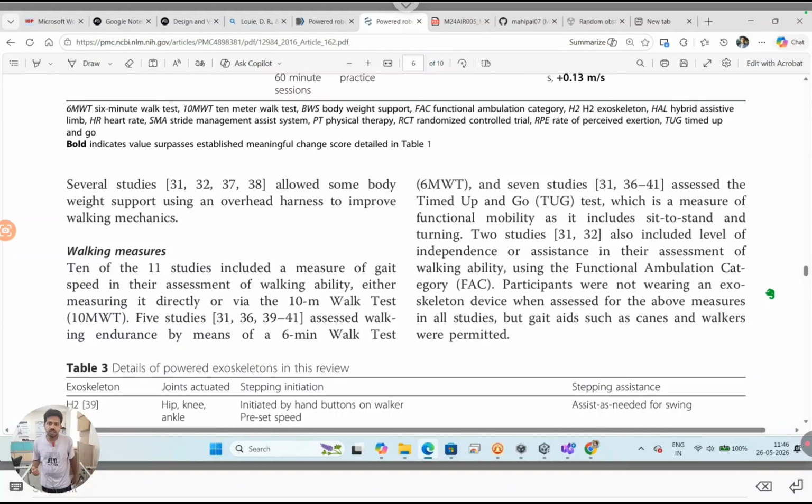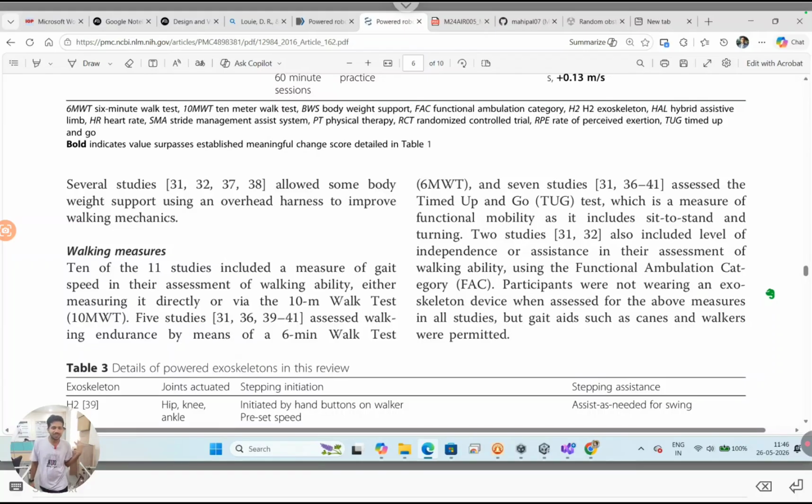This is a measure of functional mobility, as it includes sit to stand and turning. Okay, and 2 studies also included level of independence or assistance in the assessment of walking ability using the Functional Ambulation Category.